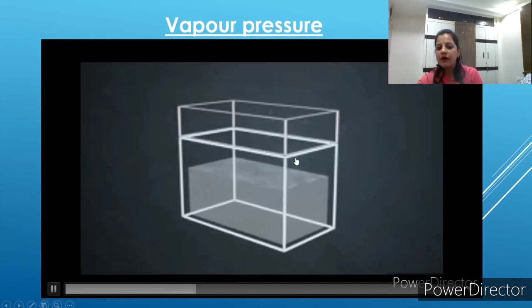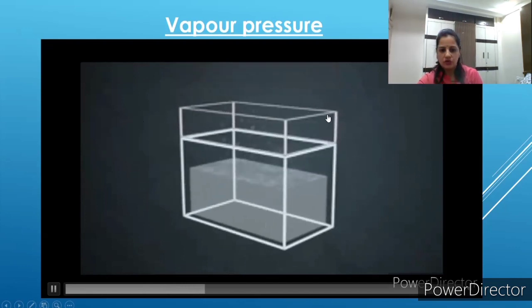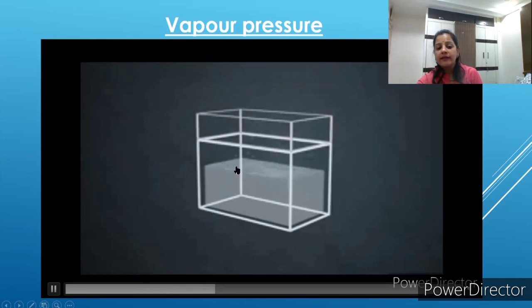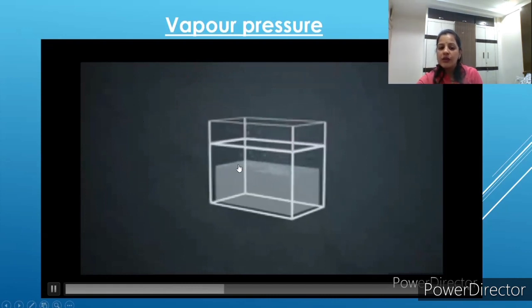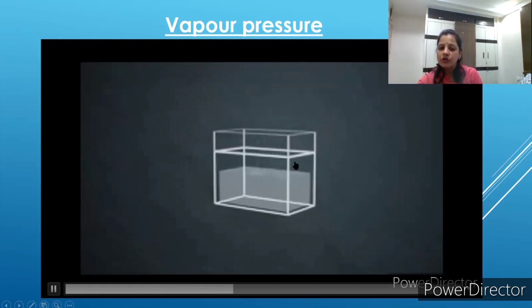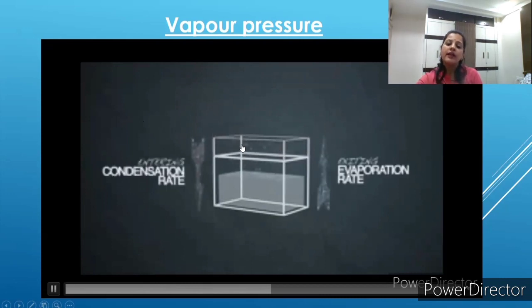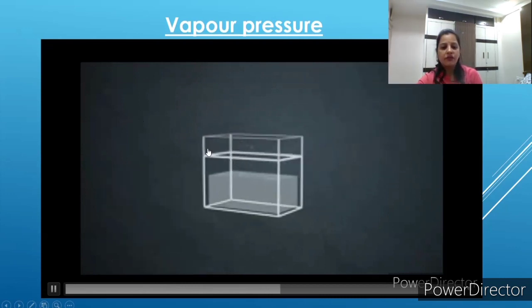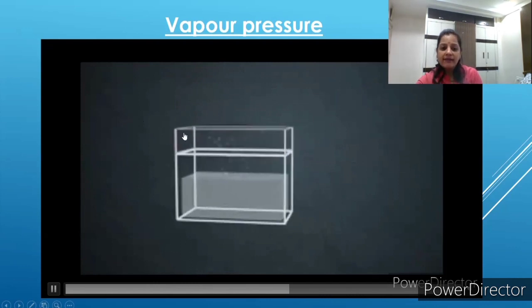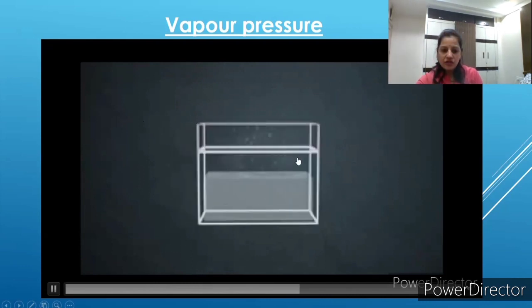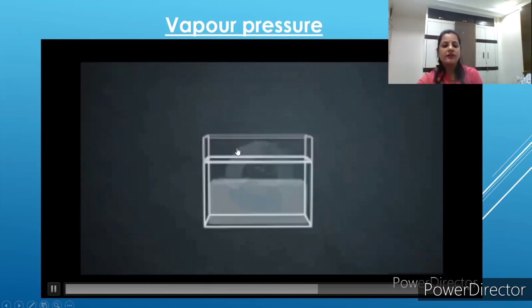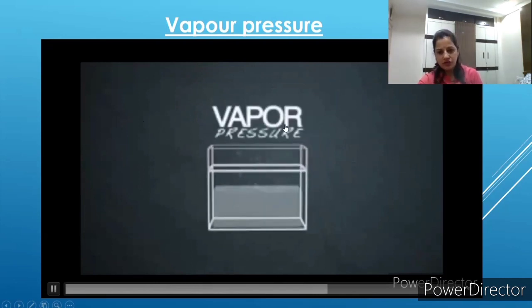But if I seal this container, the gaseous molecules will be present here only, and they will be colliding with each other or with the surfaces of the container, and hence this will exert a pressure throughout the container, and this pressure is nothing but the vapor pressure.